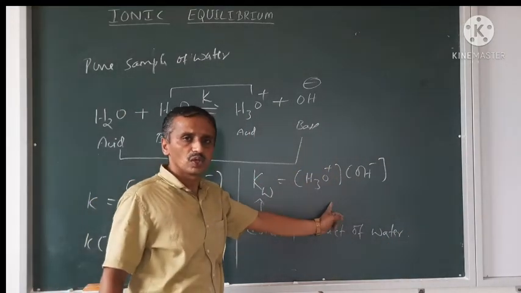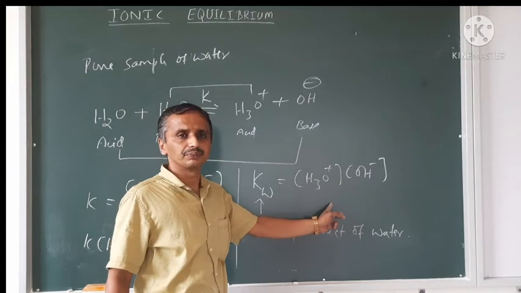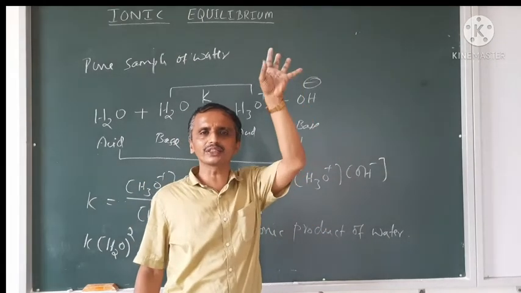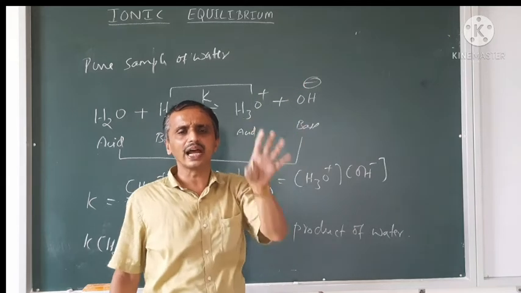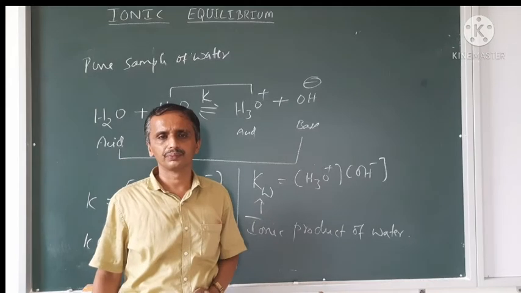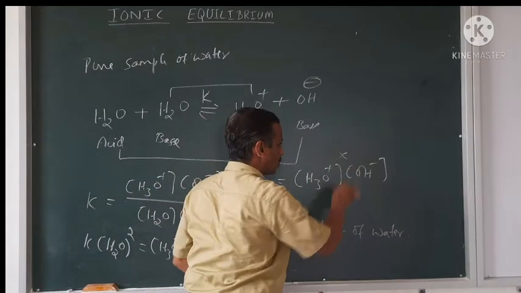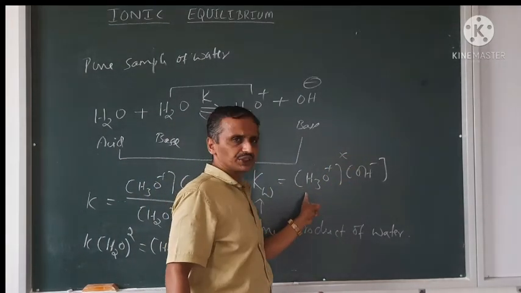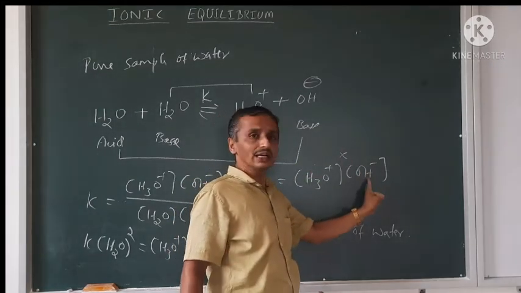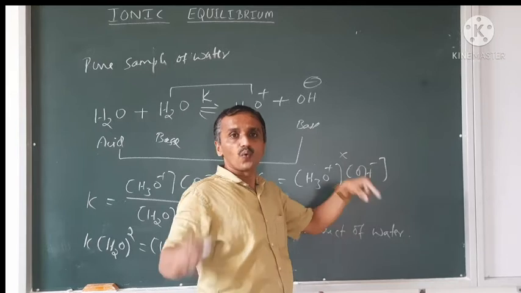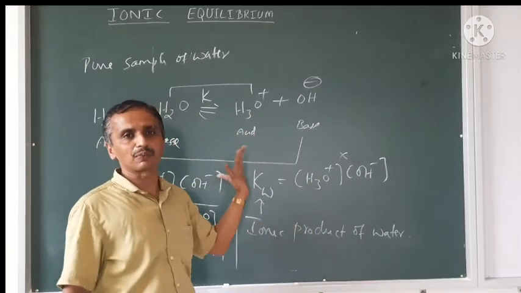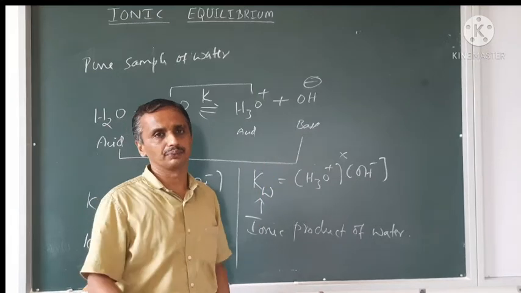It is the product of molar concentration of the hydronium ion and the molar concentration of the hydroxyl ion, which remains constant at a given temperature. That is the ionic product of water. Definition also. Note it properly.